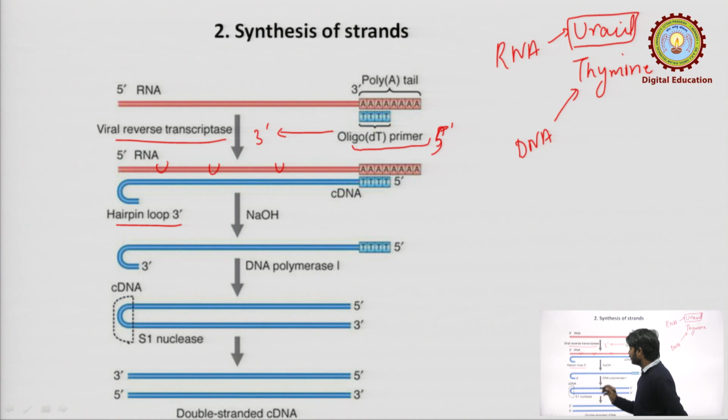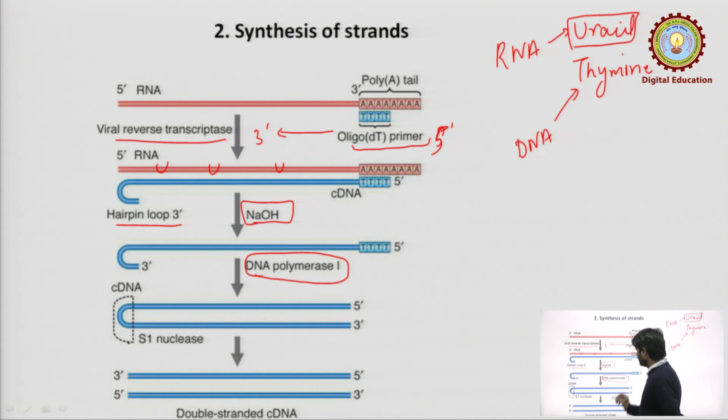end. So first of all we will degrade this RNA strand with the help of NaOH. This forms an alkaline solution and it will degrade that RNA. The next step will be utilizing a DNA polymerase. You have heard about this enzyme in the replication part.